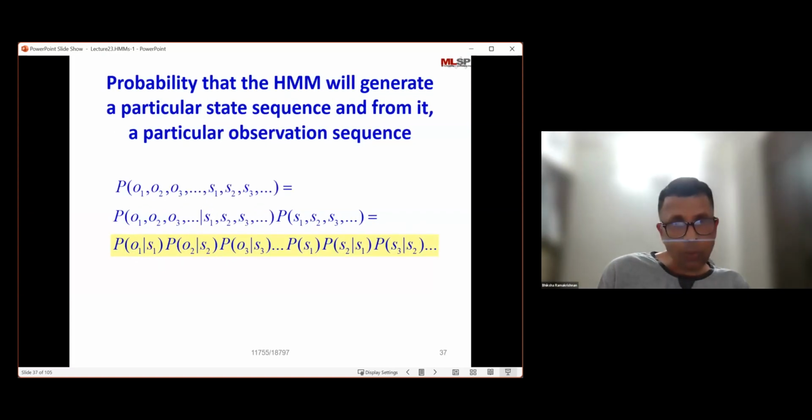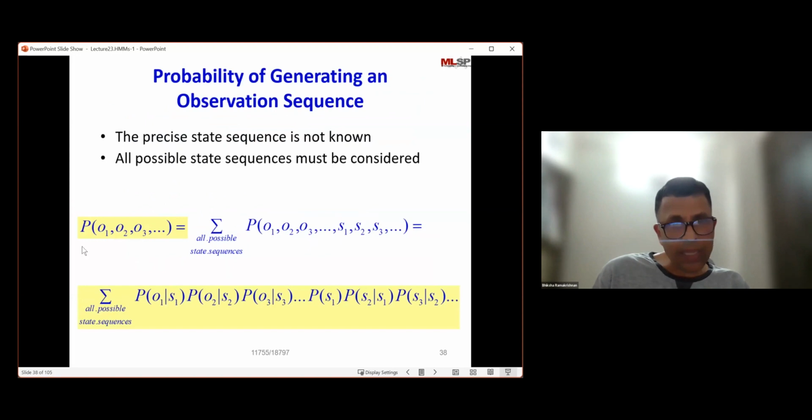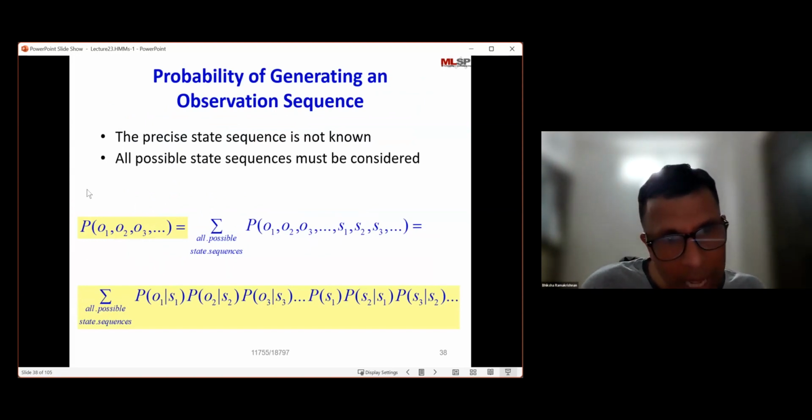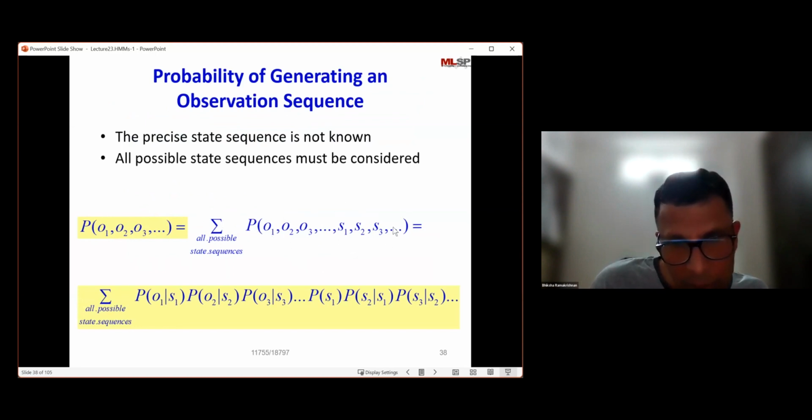now when I ask you, what is the probability of a specific observation sequence, when all I have given you is the observation sequence and I have not specified the state sequence, I must marginalize out the state sequence, right? So I want to compute the joint probability of the observation sequence and every state sequence and sum over all possible state sequences.